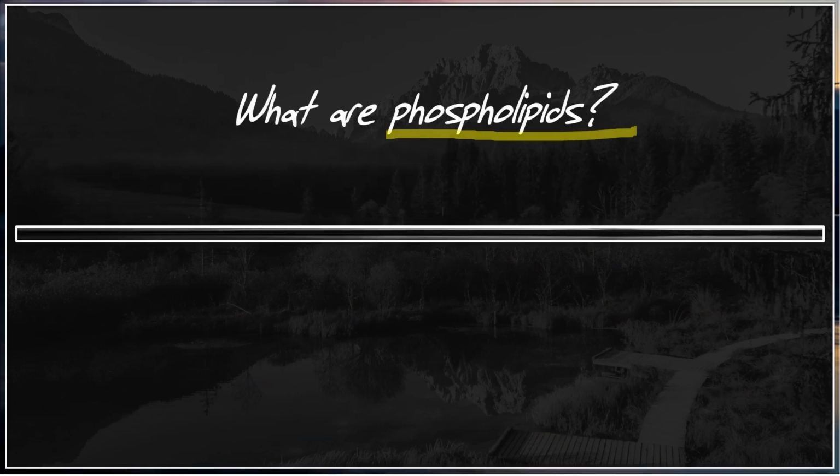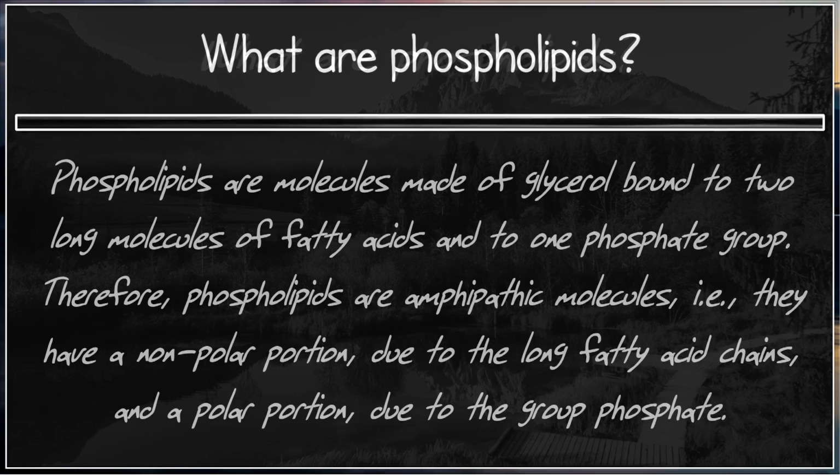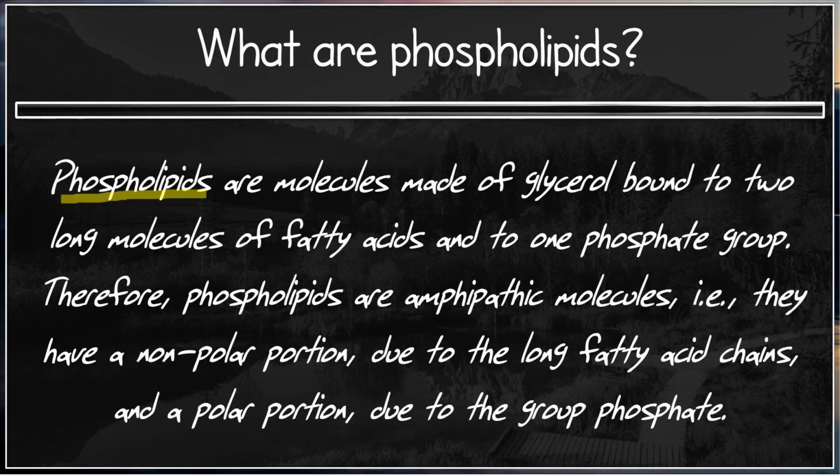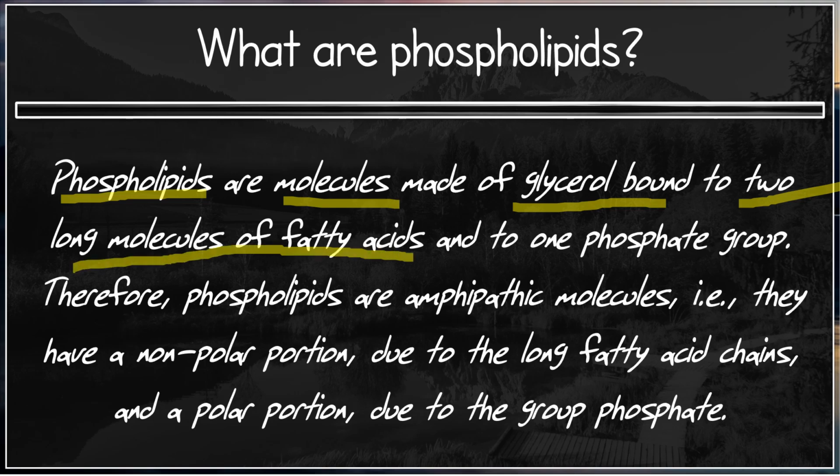What are phospholipids? Phospholipids are molecules made of glycerol bound to 2 long molecules of fatty acids and to 1 phosphate group.